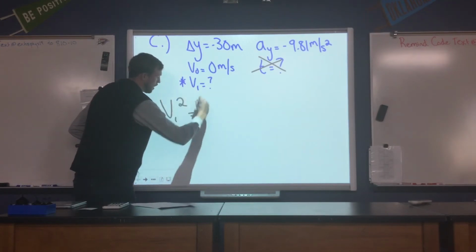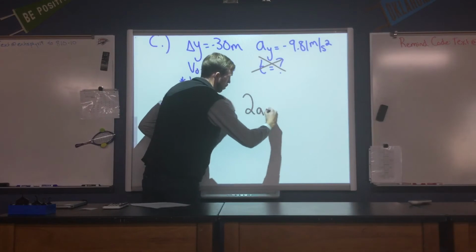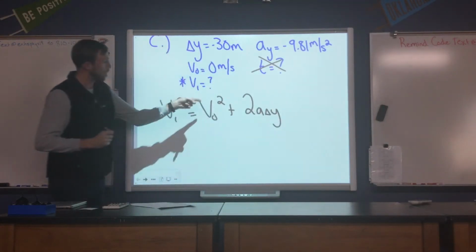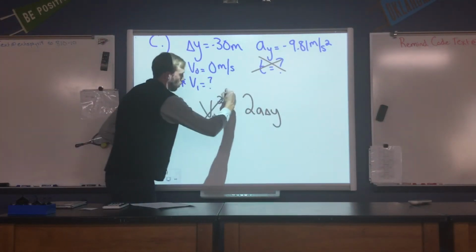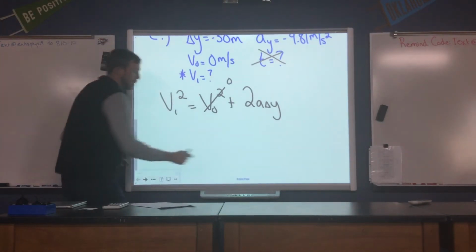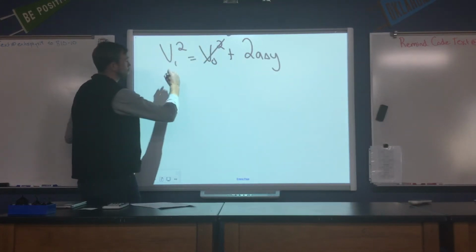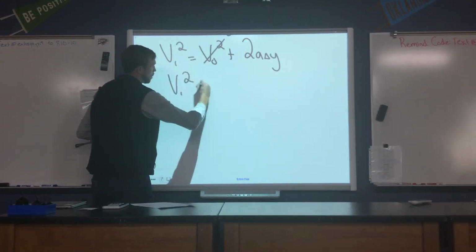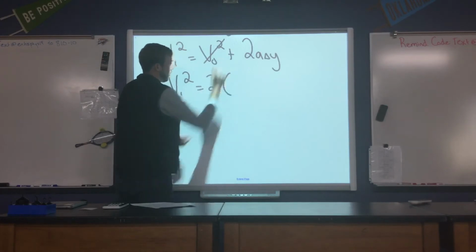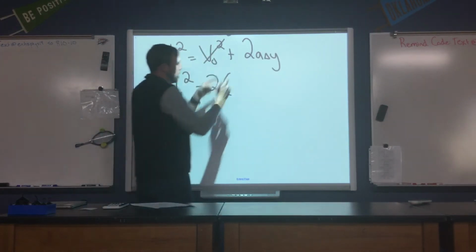V1 squared is equal to V0 squared plus 2a delta y. We know that our initial velocity is 0, so 0 squared, I'm just going to go ahead and write that value is going to be 0. And we can then move forward and plug in the variables we know to their proper place in the equation. So V1 squared is equal to 2, and again I'm dropping out the 0 simply because it's no longer a part of our equation.